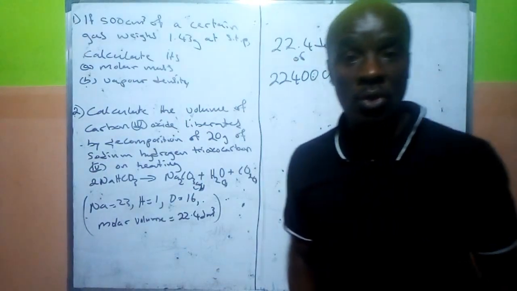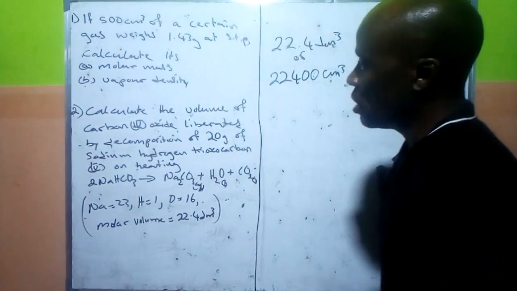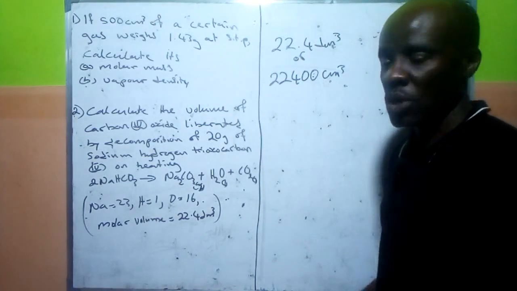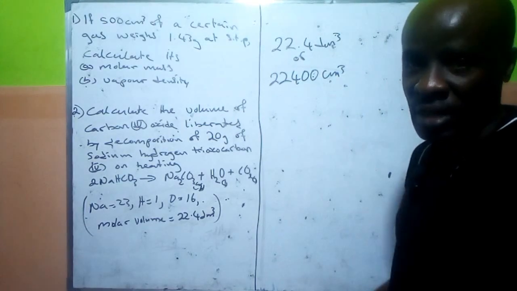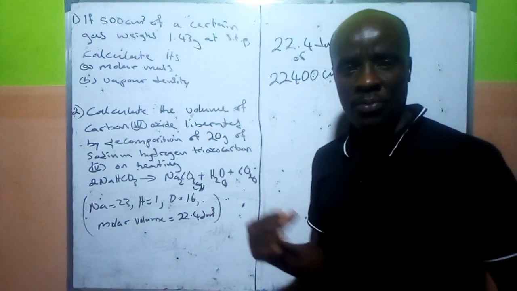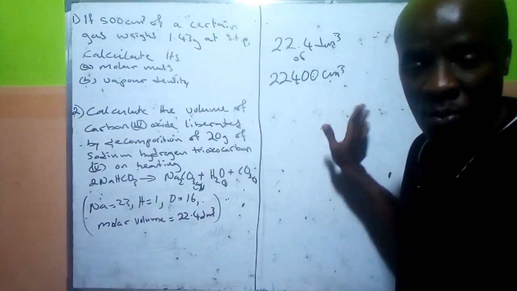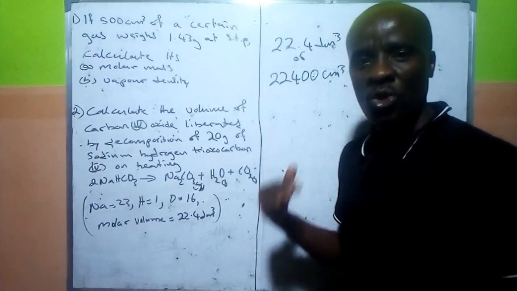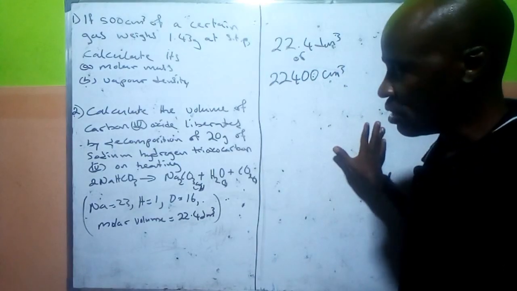This is what we call the molar volume. Today we are going to understand how to apply it, how to use it to solve problems that involve the volume of gases at any temperature. You'll be able to get this done.